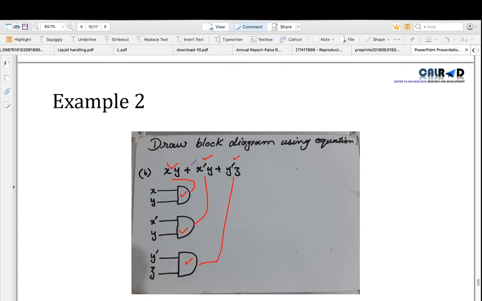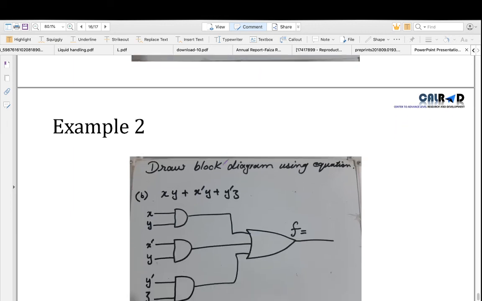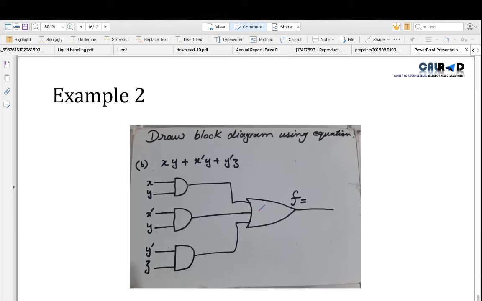The thing left is that we have to add these outputs. And what do we use when we want to add something? We use an OR gate. So we will use an OR gate here. Now let's see.